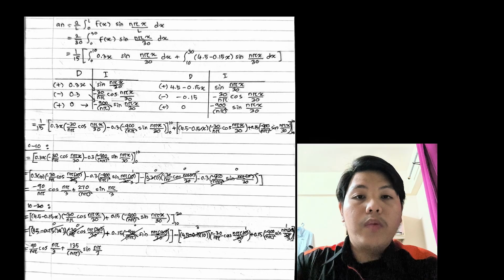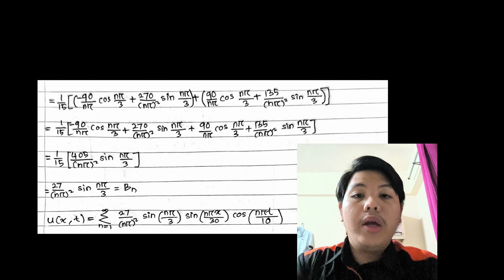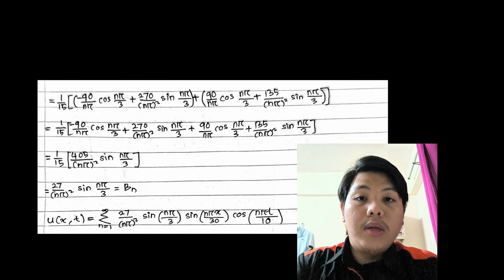Then we use the tabular method to solve the integration by parts. After applying integration by parts to both integrals and evaluating the limits, the two results combine to give a_n = 27/(n²π²) times sin(nπ/3).